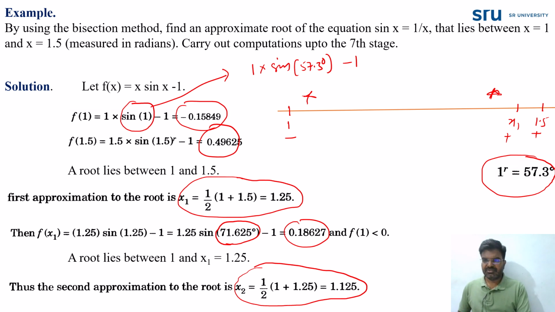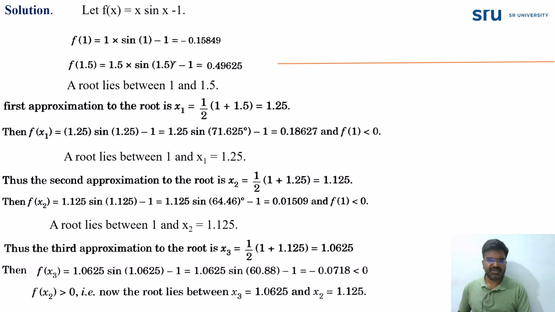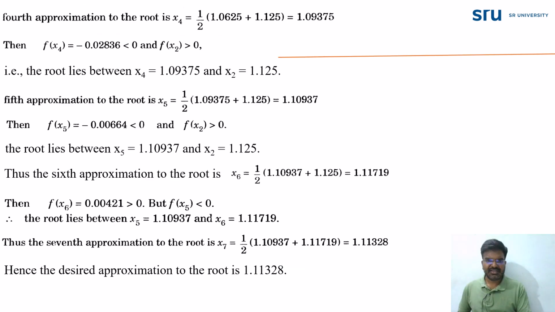If you continue the iteration process, you can see here at x3 the function is negative. At x2 the function is positive. So the next root lies in between x3 and x2. After some iterations, already it is mentioned that we have to find 7 iterations. So after the 7th iteration, you can stop the procedure.